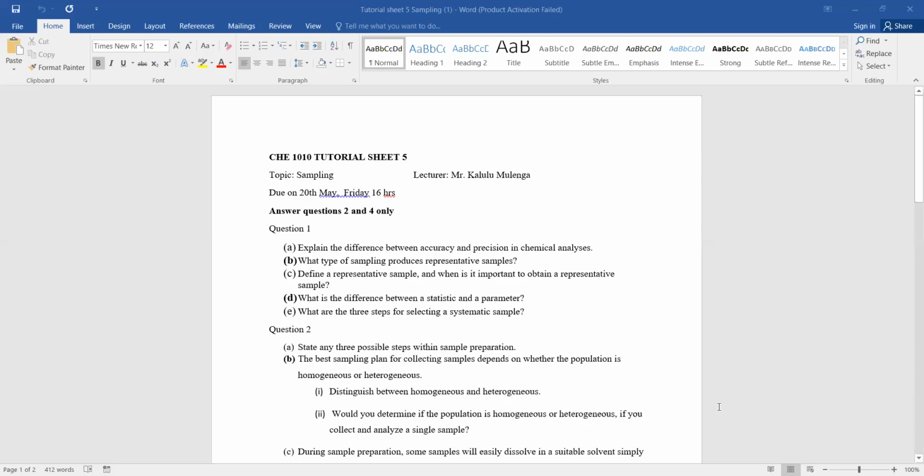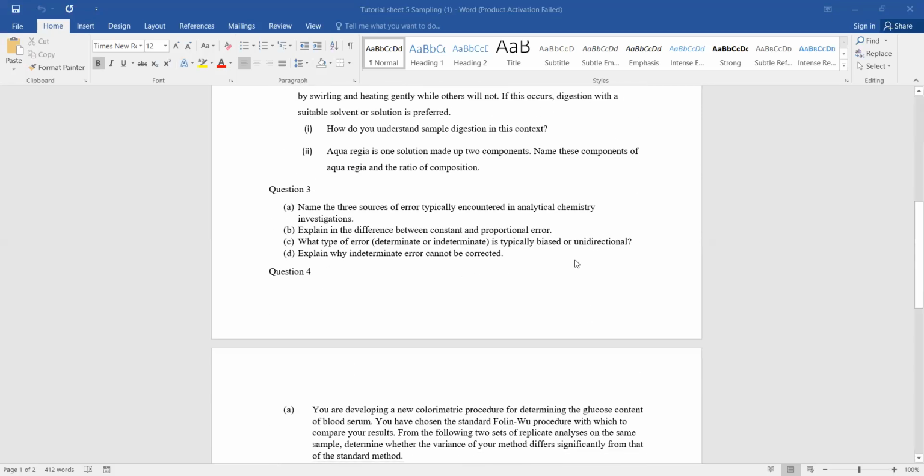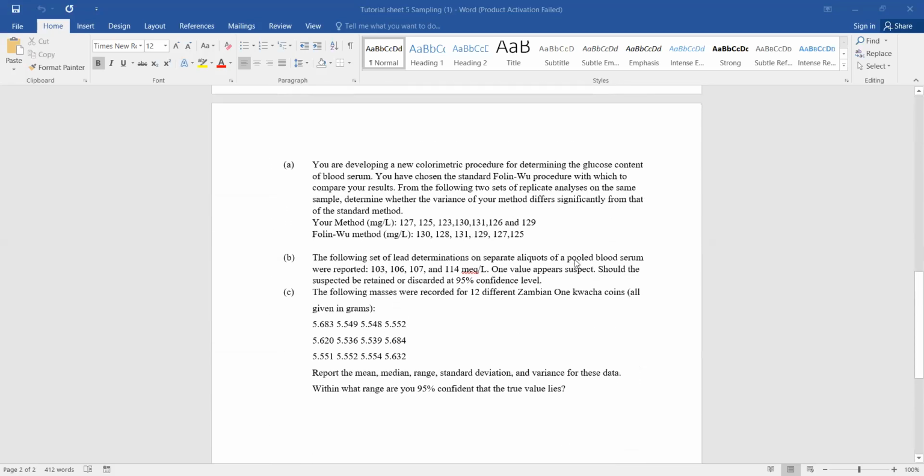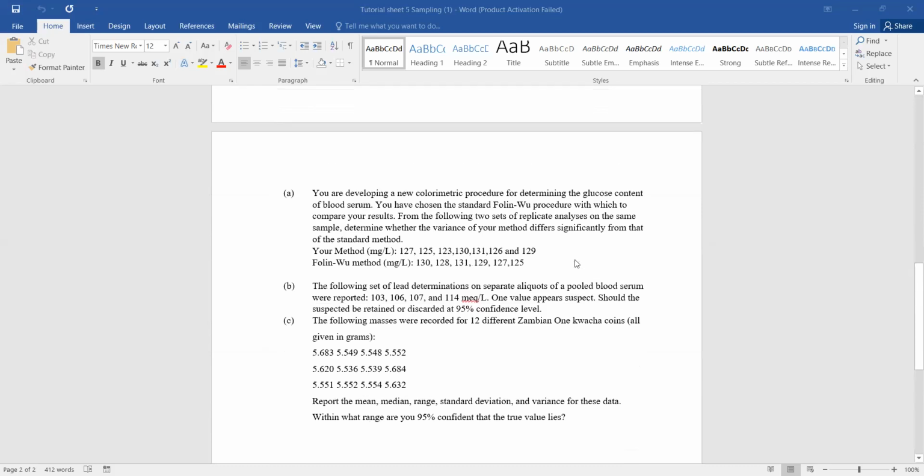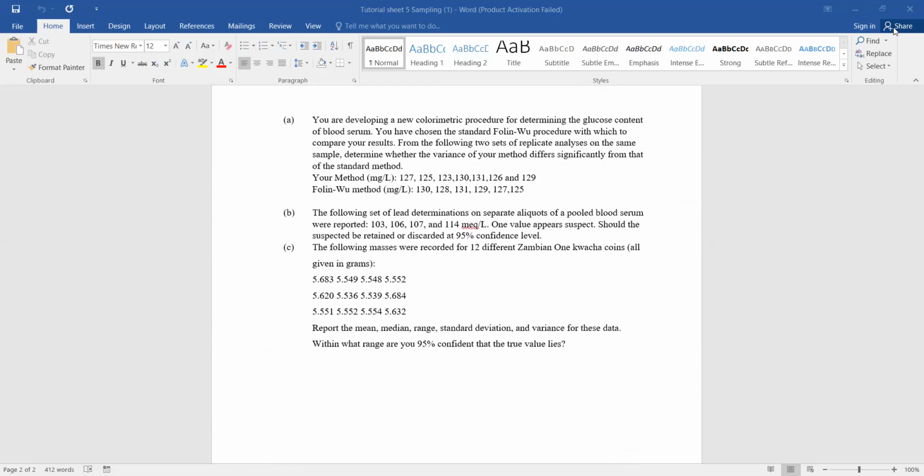Or should you look at an example? Okay, let's look at this part. I'm going to look at the last part, these questions from here. I don't know if you are able to see.